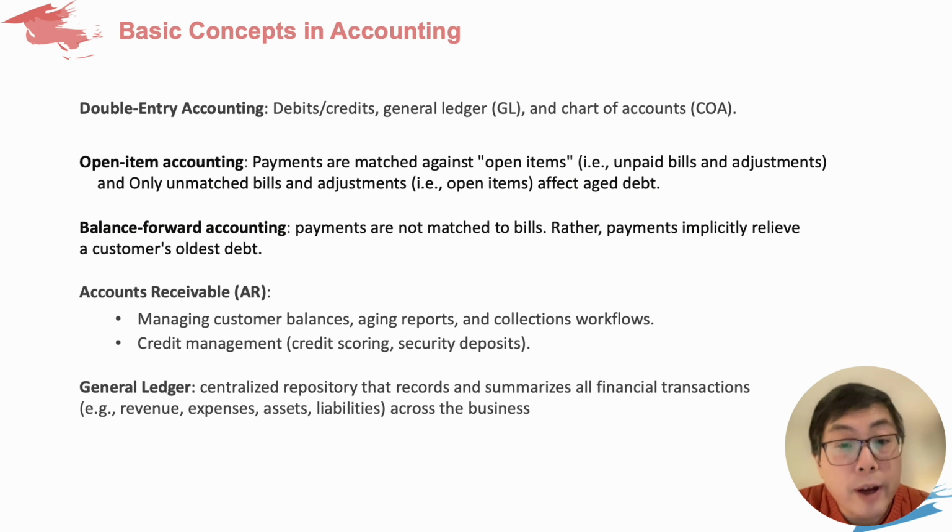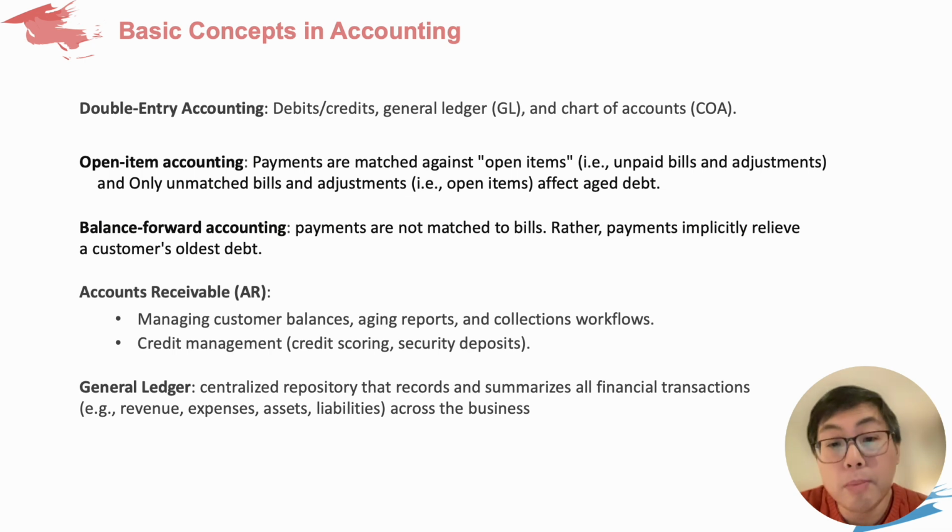Okay, so move on. Open item accounting. Open item accounting is actually quite simple to understand. Open item means if I have a credit, I need to match it to an item.